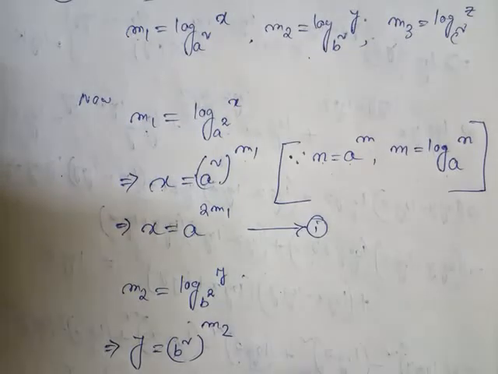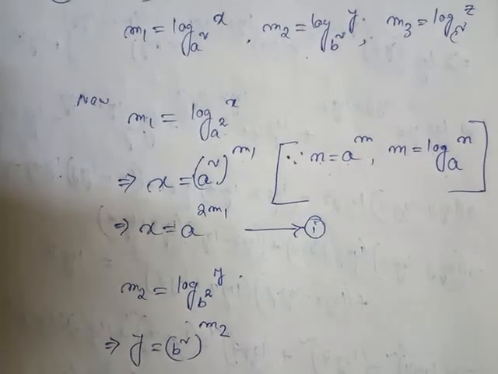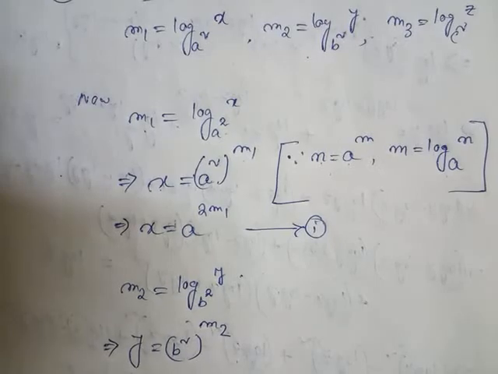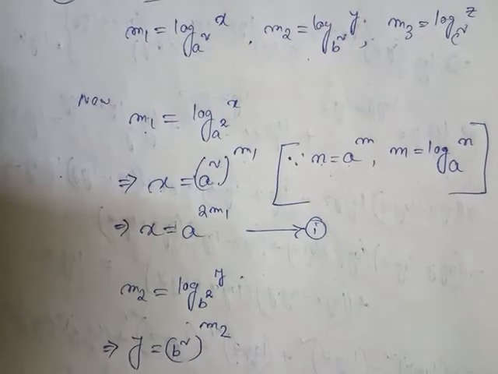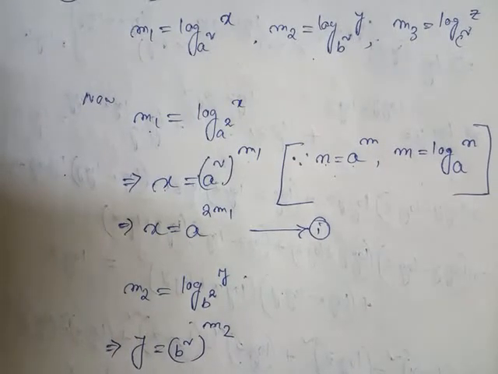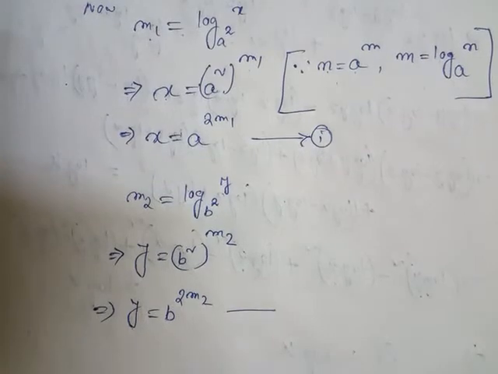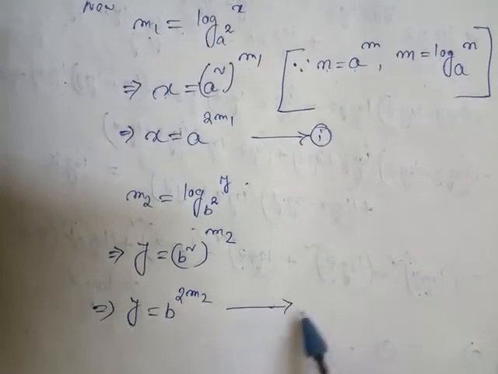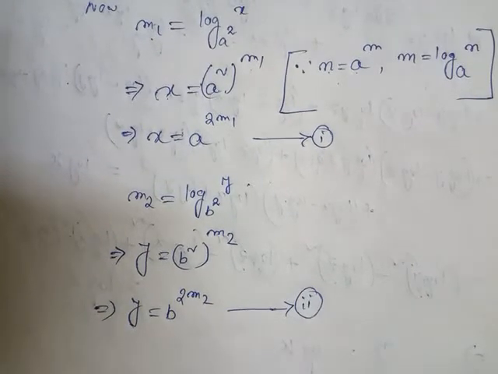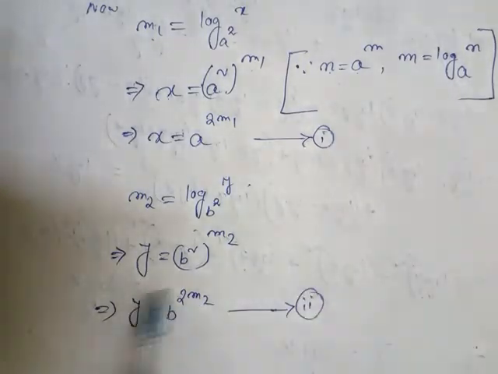I am not writing the formula here again. So here y equal to b to the power 2m2, and this is our equation number 2. By using the same formula I have done this.